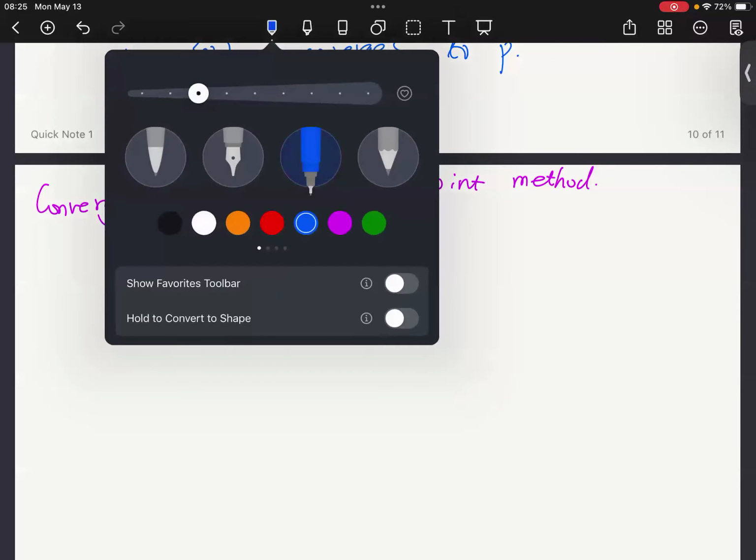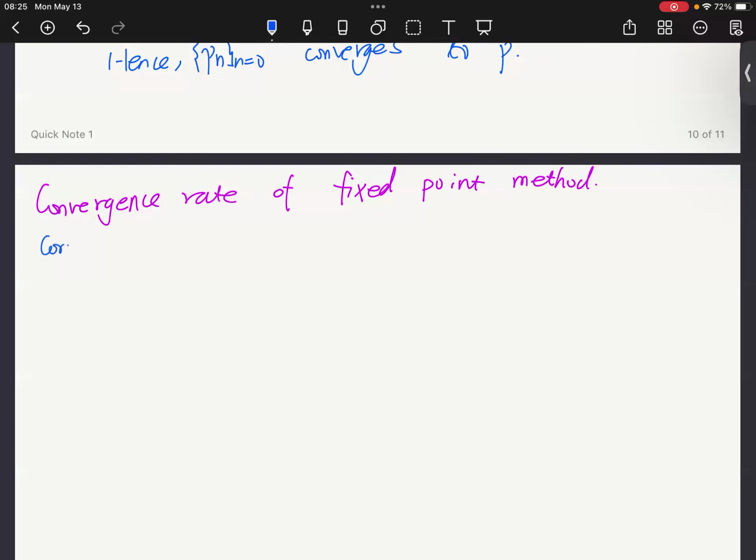We are going to make the statement first. This is the corollary, which means that it's based on Theorem 2.4, so all the things should satisfy the assumptions in Theorem 2.4.